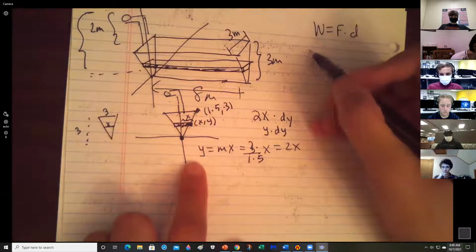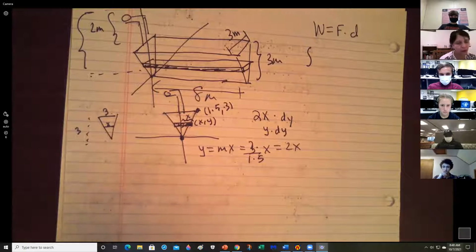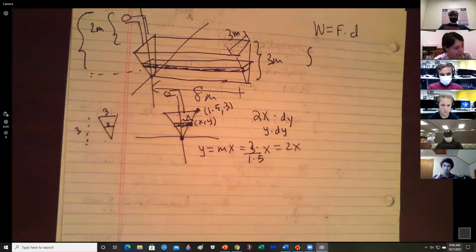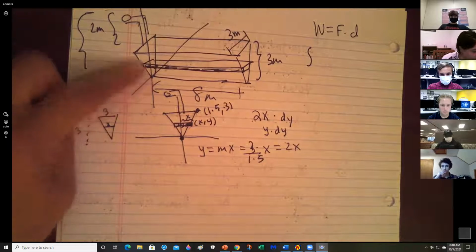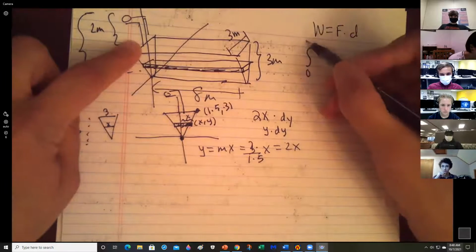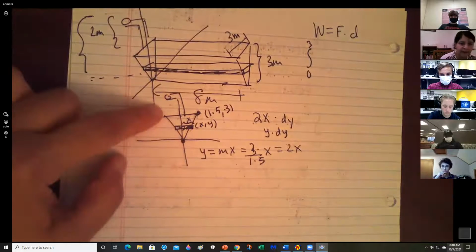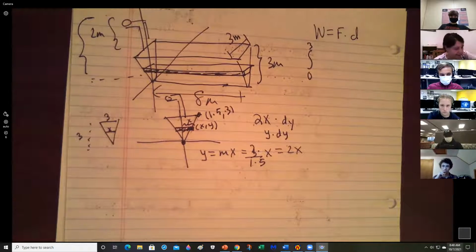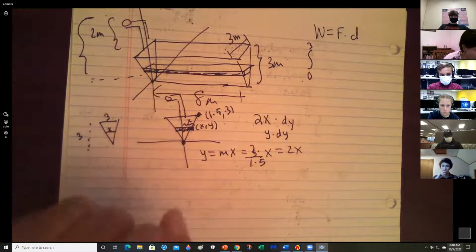So our work is going to be integral. Integral for what? All the slabs. Where are the slabs going to move from? From bottom to top, all the slabs. So 0 to 3. Y coordinate is going to go 0 to 3. That's how the slabs are moving. Can you see that? Yes? All right, 0 to 3.